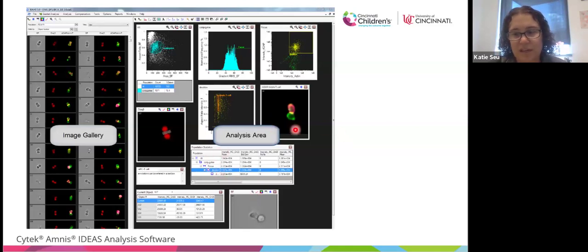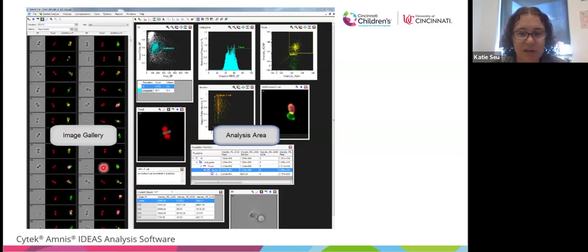This includes things like the distribution of the intensity of a certain fluorochrome, but also the area, because you've got a two-dimensional image that you can also take measurements on. You can do the aspect ratio, mean pixel intensity, circularity of a fluorescence image, compactness. It's really quite endless and very customizable to the research question that you have.